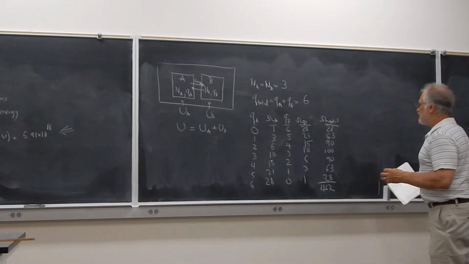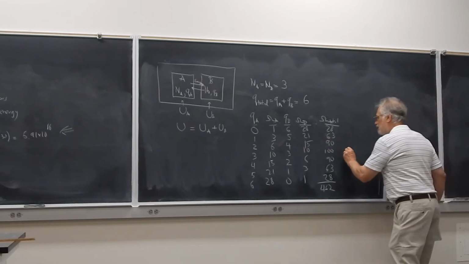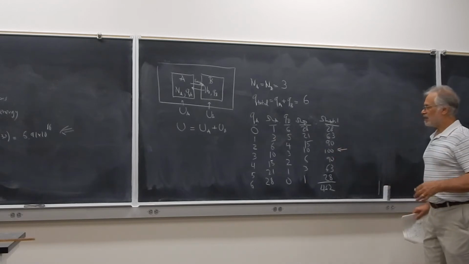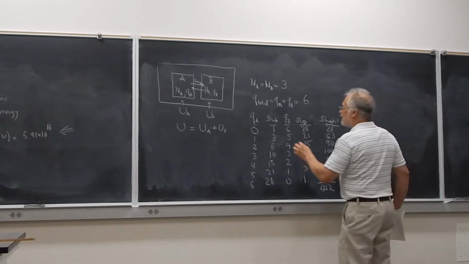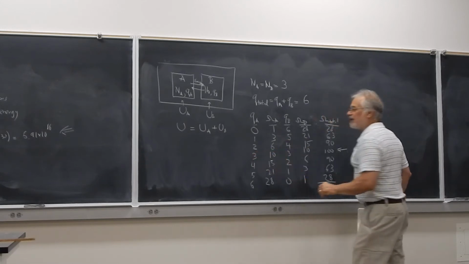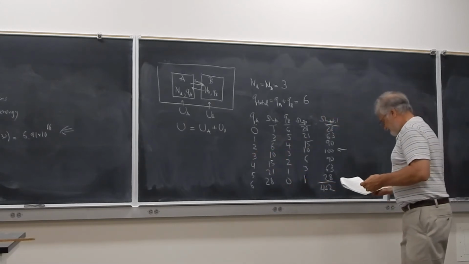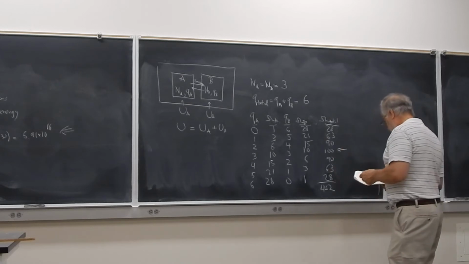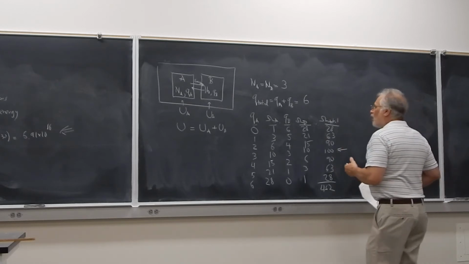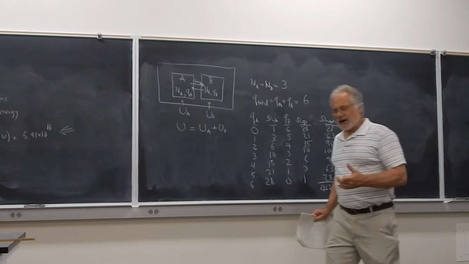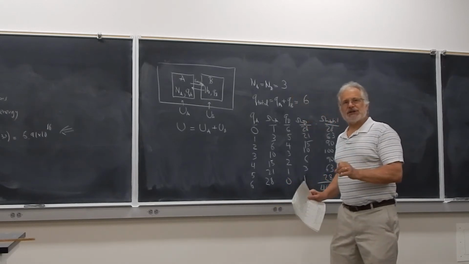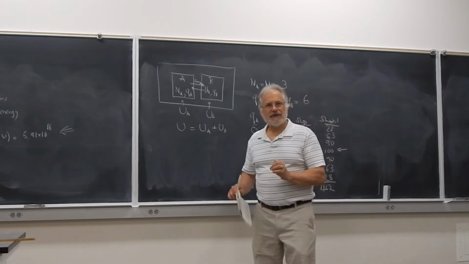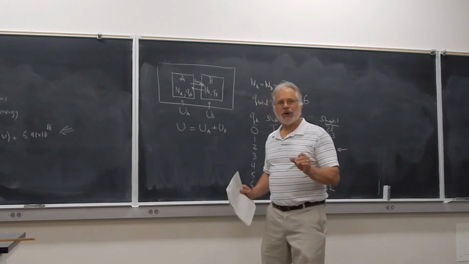Now notice that my biggest number, the largest number of states, happens when each of these has 3 units of energy between them, for a total of 6. What we're going to talk about, and we'll talk about this in more detail later, is a postulate called the postulate of equal a priori probabilities.